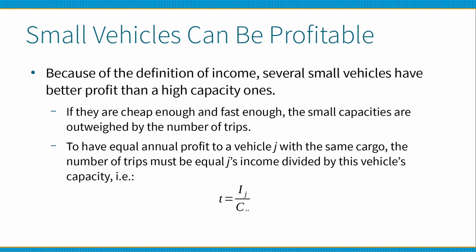You also technically need to divide by the income of each cargo unit, but we'll get something proportional. That's easy enough to correct. So the idea here then is that you might have something cheap and fast enough to totally replace one large vehicle.